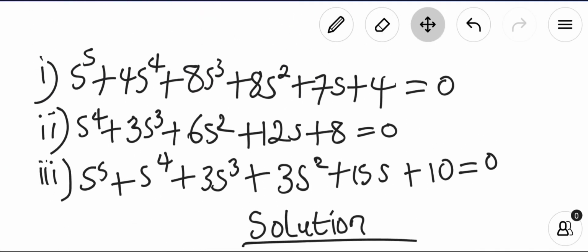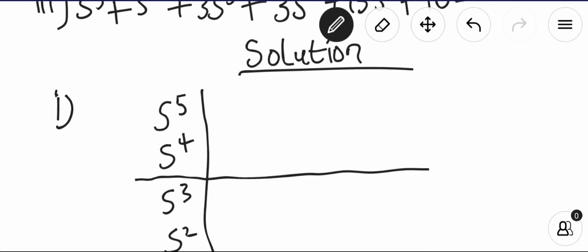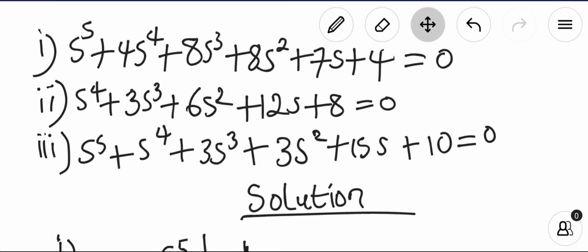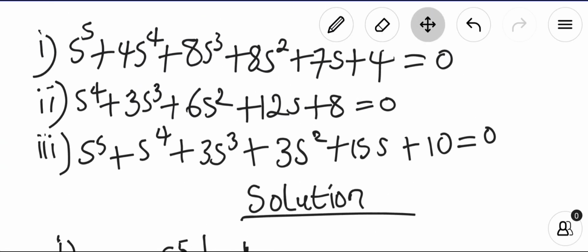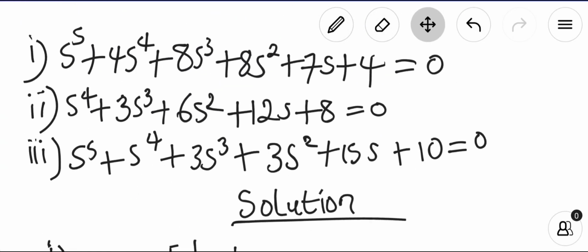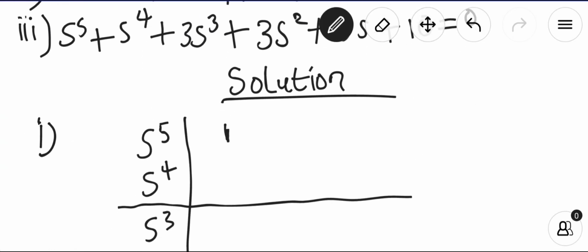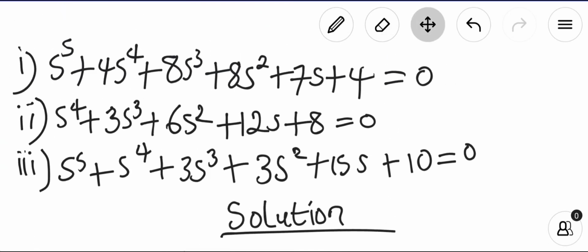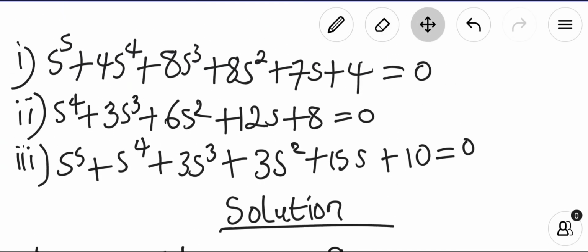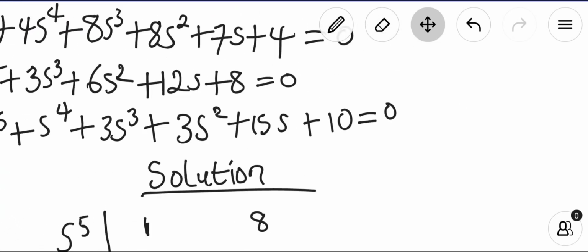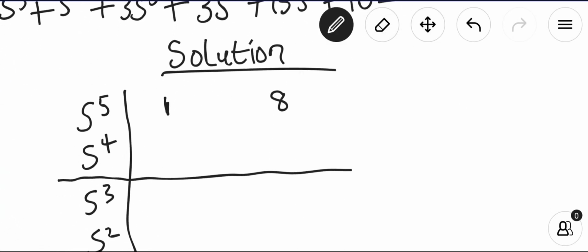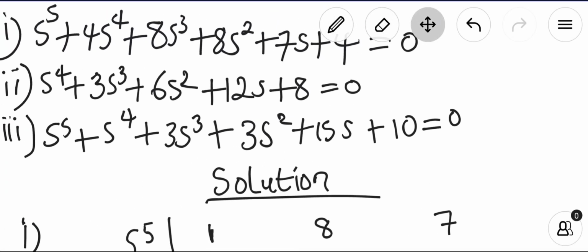Now we take the coefficient of s to power 5, which is 1, and put it here. And then you skip the coefficient of s to power 4, take the coefficient of s to power 3, which is 8, and you put it here too. And then skip that for s to power 2, take the one for s, which is 7. And then 0, but we are not going to take that one.